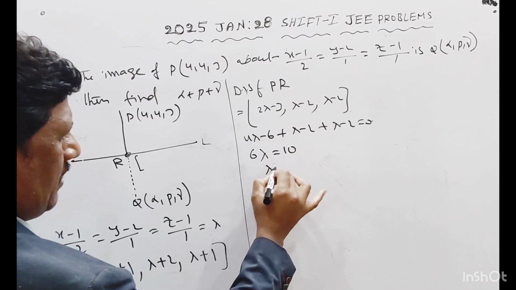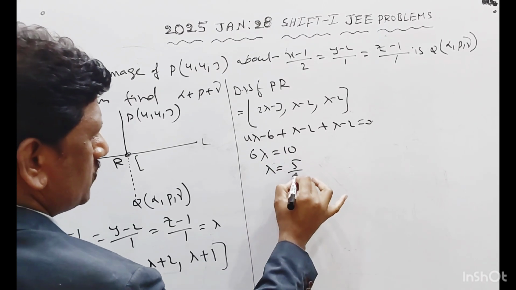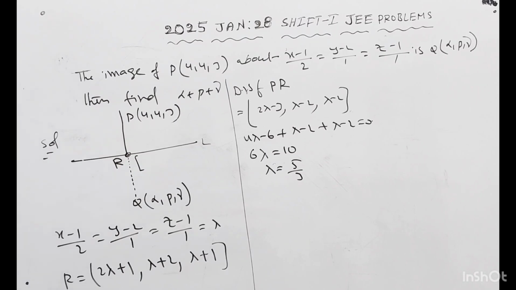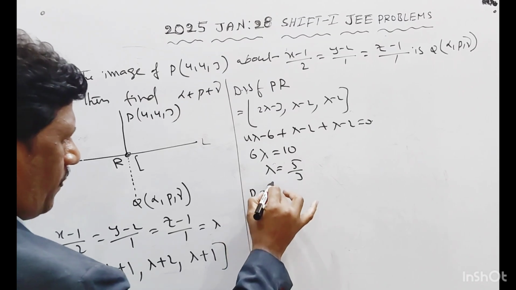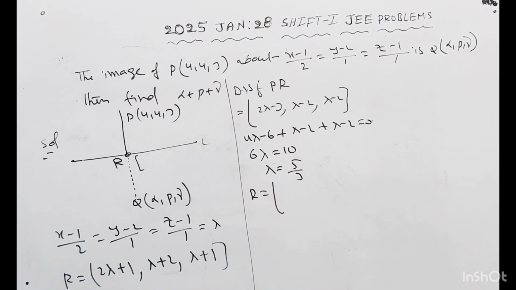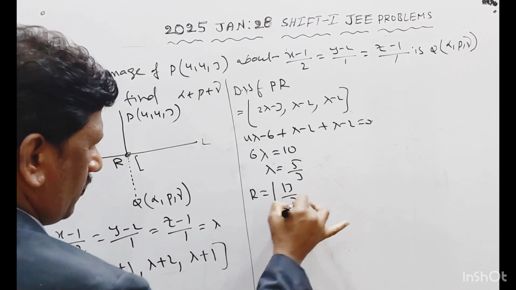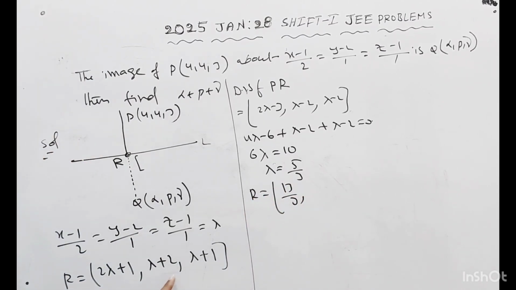We got the lambda value as 5 by 3. So the point R will become, substitute the lambda value 5 by 3. So 10 plus 3, 13 by 3. Okay, after that this is 3, so 3 plus 10, 13 by 3.